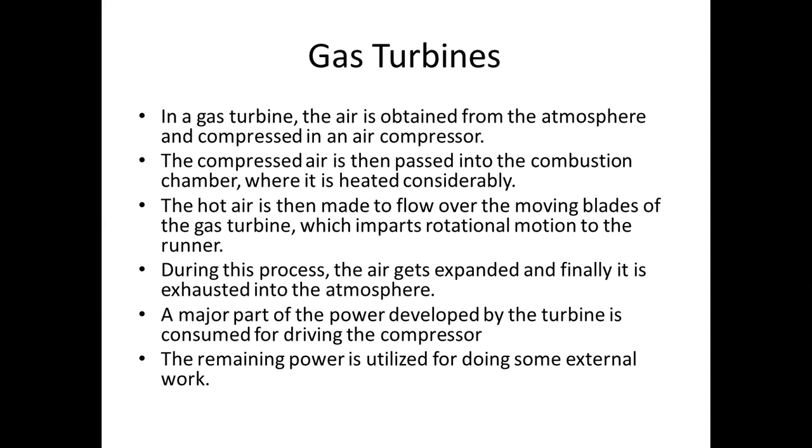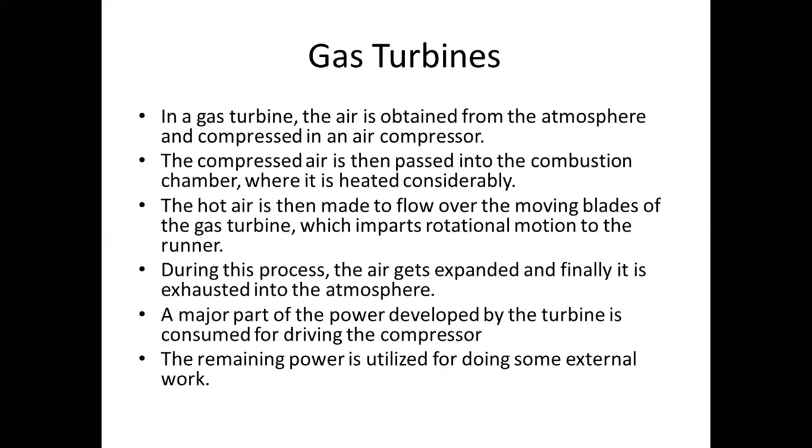In a gas turbine, first of all, the air is obtained from the atmosphere and compressed in an air compressor. The compressed air is then passed into the combustion chamber where it is heated considerably.